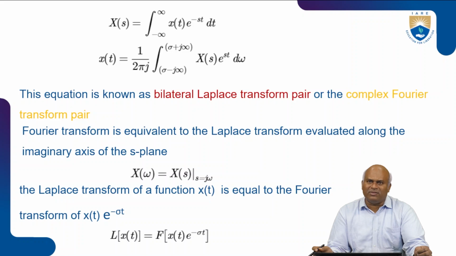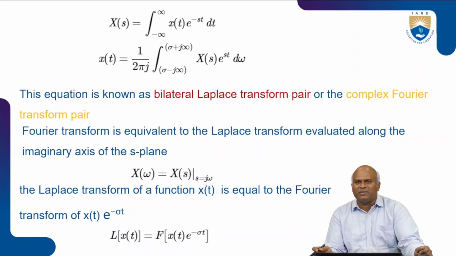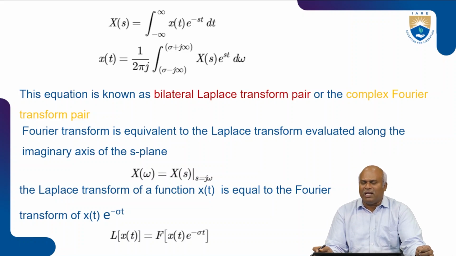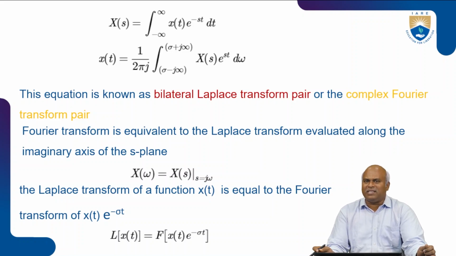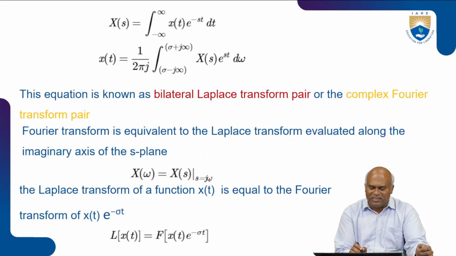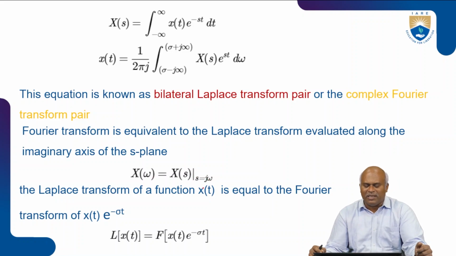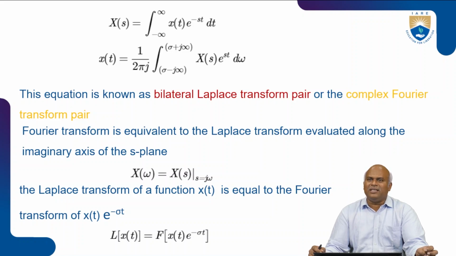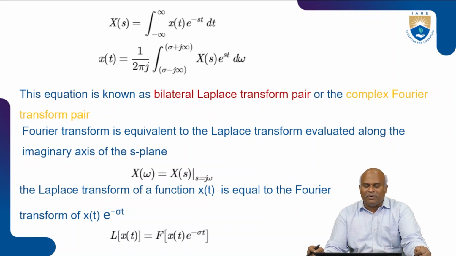This equation is known as the bilateral Laplace transform pair, or complex Fourier transform pair. The Fourier transform is equivalent to the Laplace transform evaluated along the imaginary axis of the s plane. Then X of omega equals X of s with s equal to j omega. The Laplace transform of function x of t is equal to the Fourier transform of x of t multiplied with e power minus sigma t.